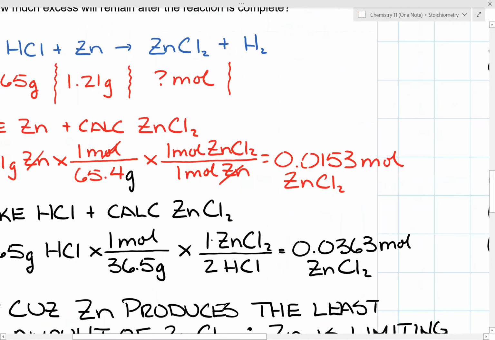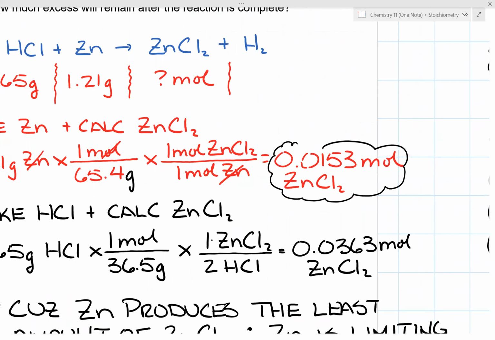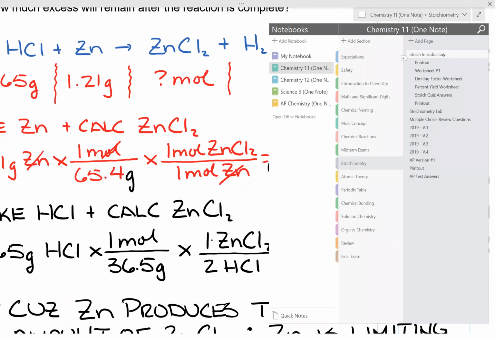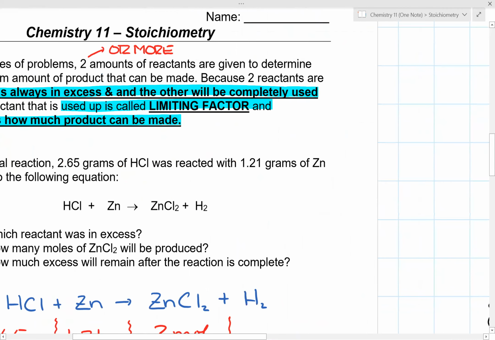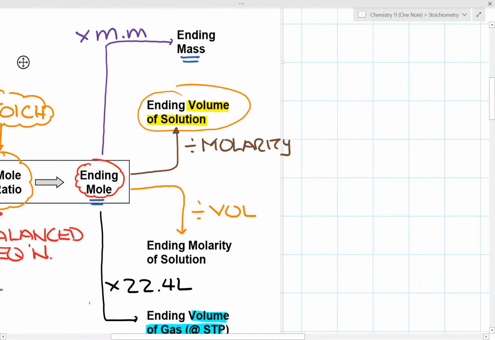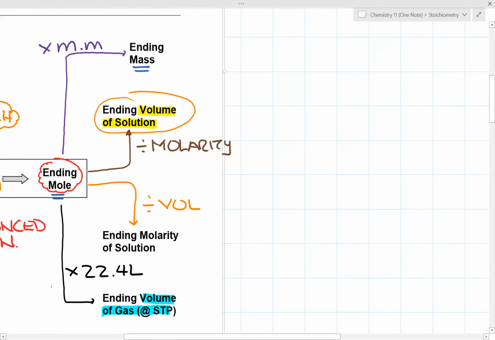Well, once you find the number of moles here, you go back to what we talked about at the very beginning, and then you can use the appropriate values to find the ending mass, or the ending volume, or the ending molarity and so on.